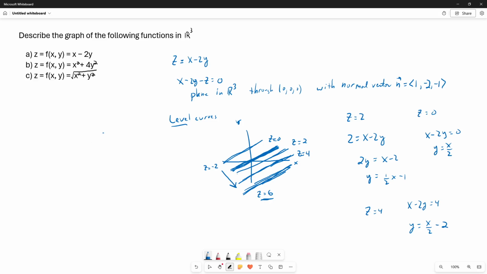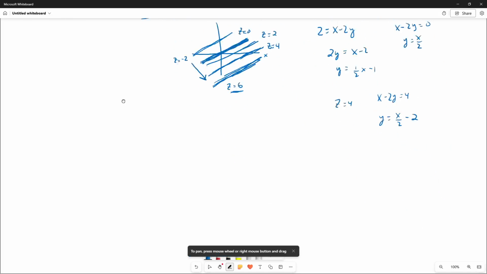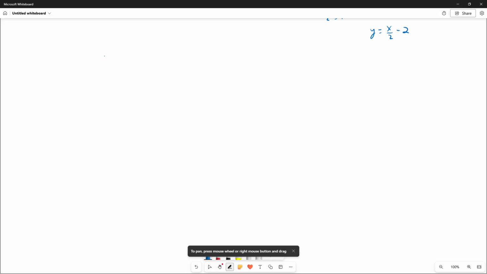Okay, let's look at the others. The next one we have is z equals x squared plus 4y squared. This is an elliptical paraboloid, which looks kind of something like this.